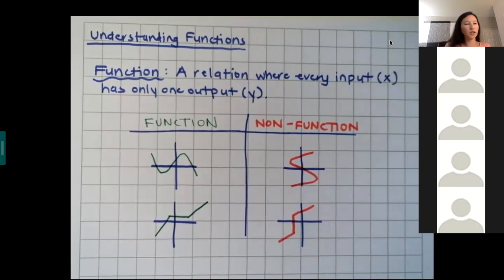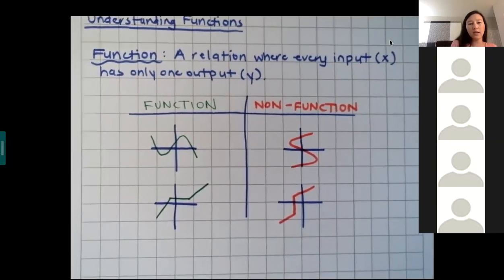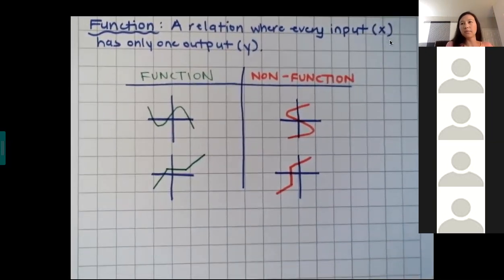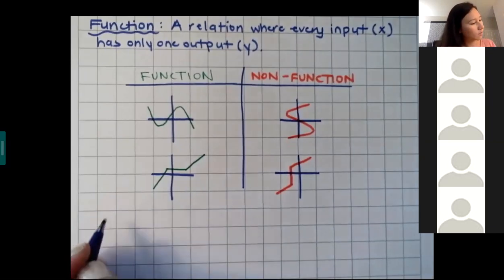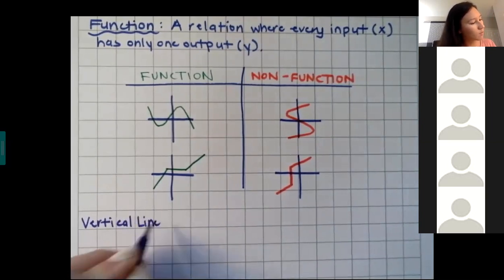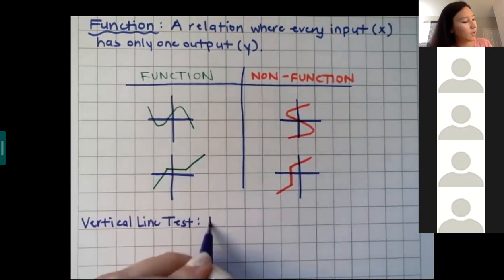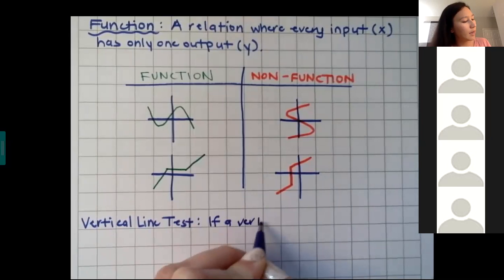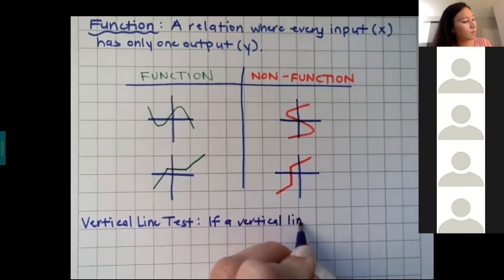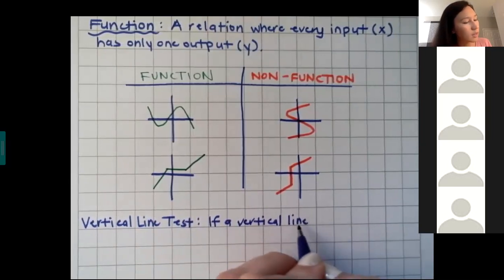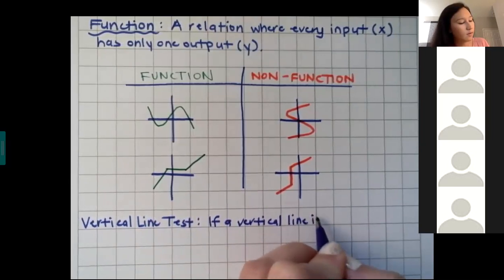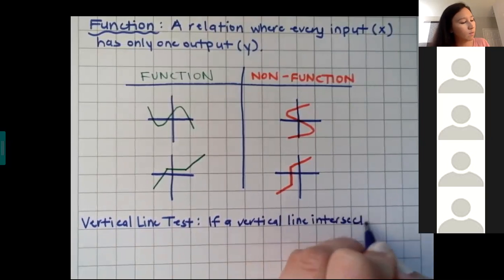So we'll write the definition of our vertical line test. It says if a vertical line intersects the graph more than once, it is not a function.